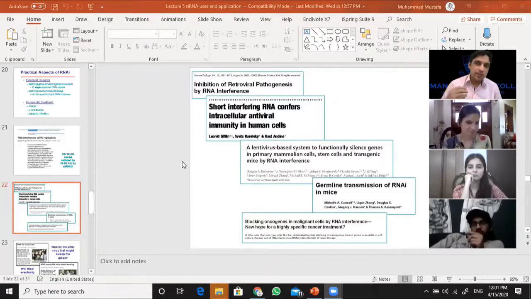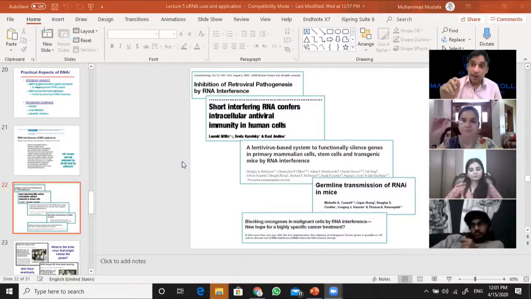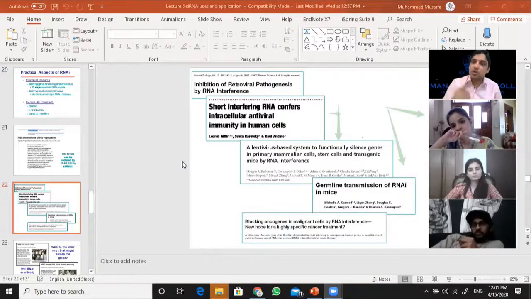So as long as we want a certain gene not to express, we have to provide a consistent supply of small interfering RNA in the system. As long as we are providing the small interfering RNA, that messenger RNA will not be expressed. But once we stop the supply of small interfering RNA to the cells, the function of that gene will be restored because nothing is there to stop that function.